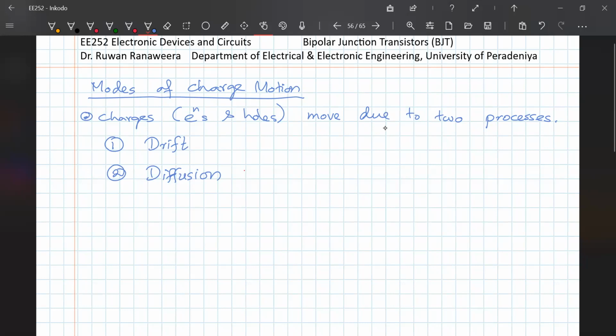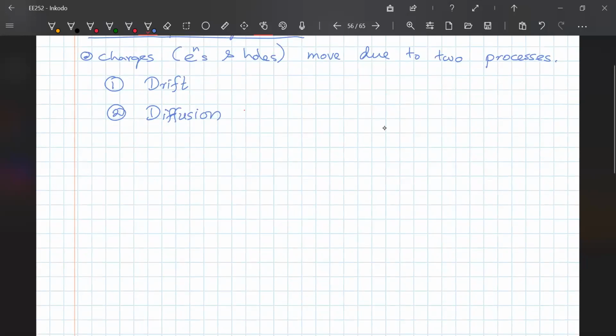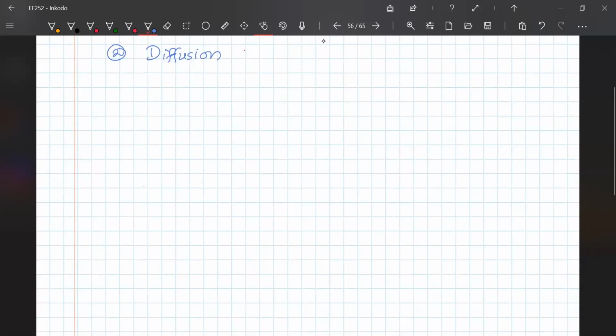This is called the drift. And this behavior can be precisely modeled using an equation called the Ebers-Moll equation. This current, the movement of charge, which is basically a current, is modeled by the Ebers-Moll equation. So let's first look at drift.